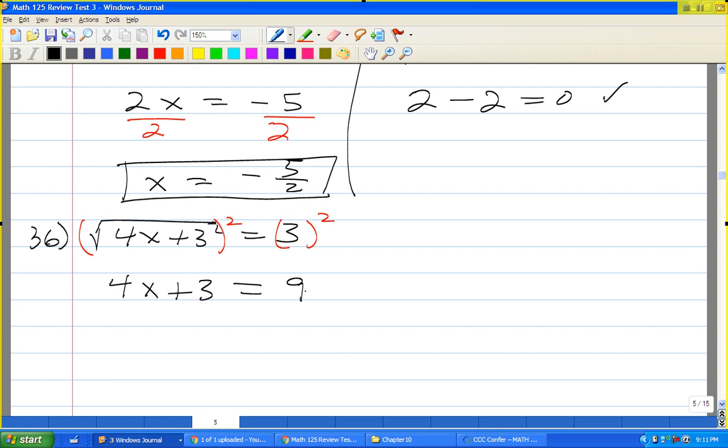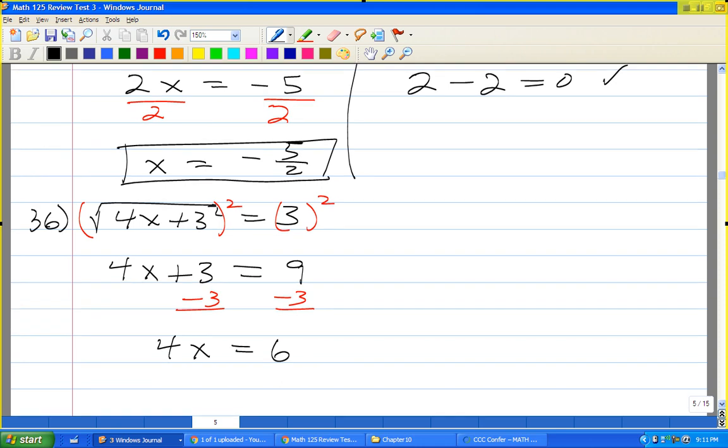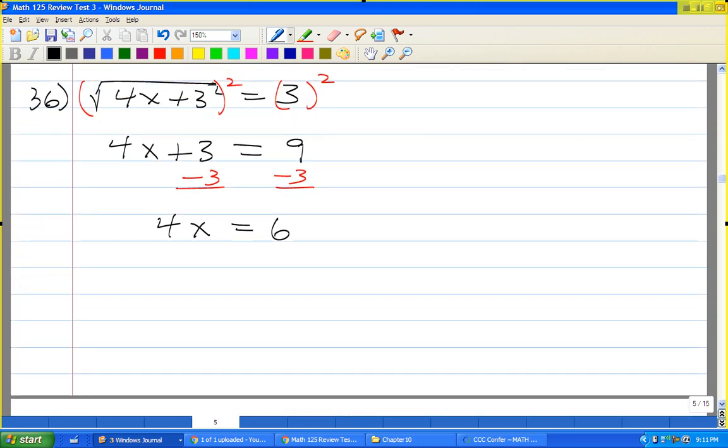Subtract 3 from both sides of your equation. So 4x is equal to 6 divided by 4. So x is equal to 6 over 4. I can divide both 6 and 4 by 2, so I get 3 halves.